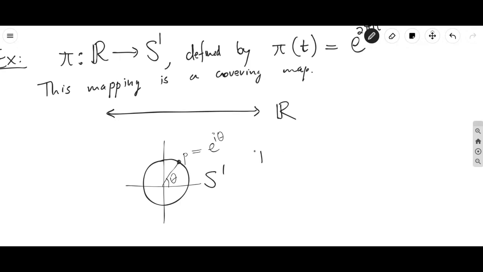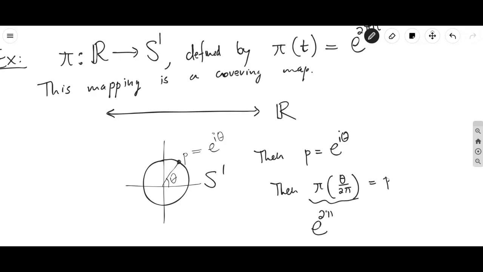So P is e to the i theta, and pi applied to theta over 2 pi will give you back P. Because how is this defined? This is e to the 2 pi i applied to theta over 2 pi. You cancel the 2 pi's, that's i theta, so that's P. So every point on the circle comes from somewhere on the line. Basically, you just take the angle, divide it by 2 pi, and you found a point on the real line that gets mapped to that point.